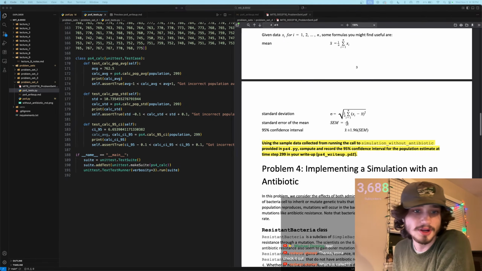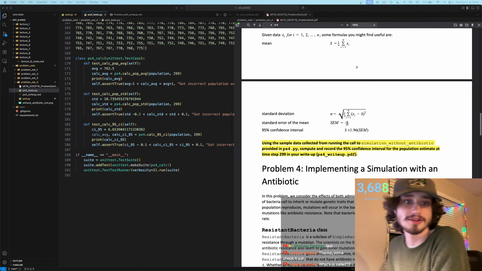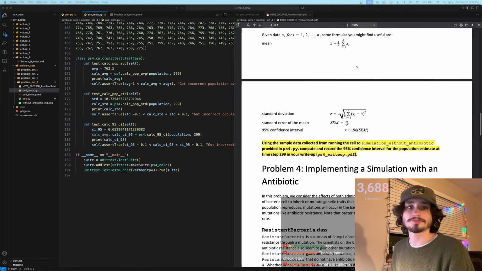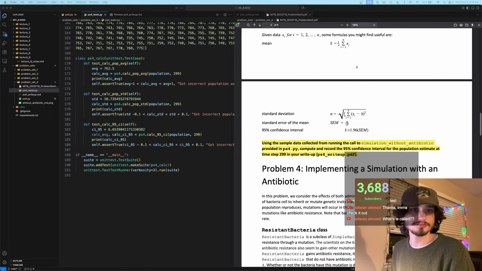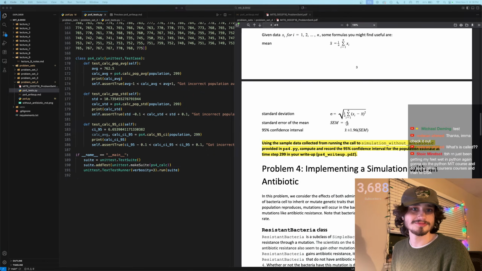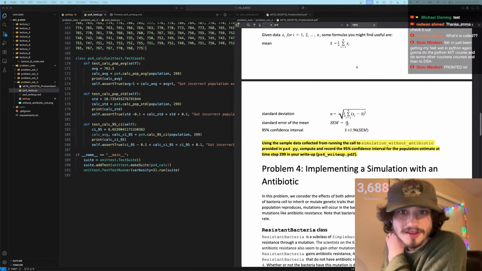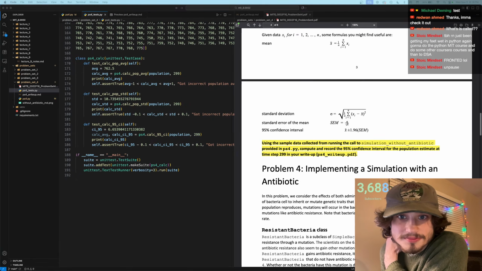Cool. All right, I just added a little CSS to our chat box, and then what I'll do is throw it over to the top right again. Here we go.